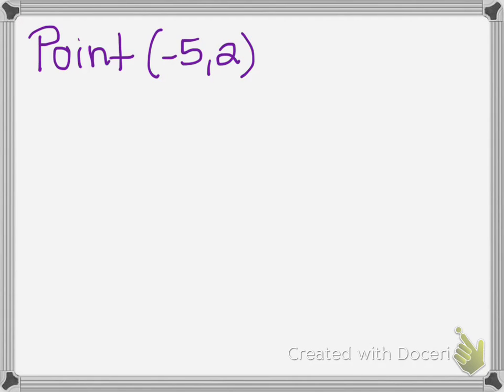Okay, so let's look at another example. If I gave you the point negative 5, 2, which would be on the line of the equation we're trying to find, and the slope I told you was 3, write the equation of the line.